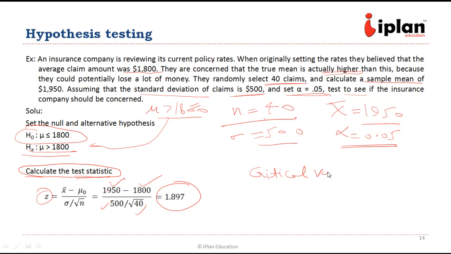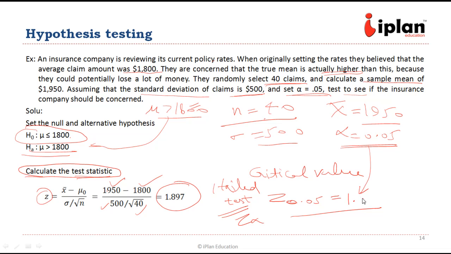Now let us find the critical value of Z at this significance level 0.05. In this case we are talking about a one-tailed test. So we use Z alpha, that is Z 0.05. This value is 1.96.